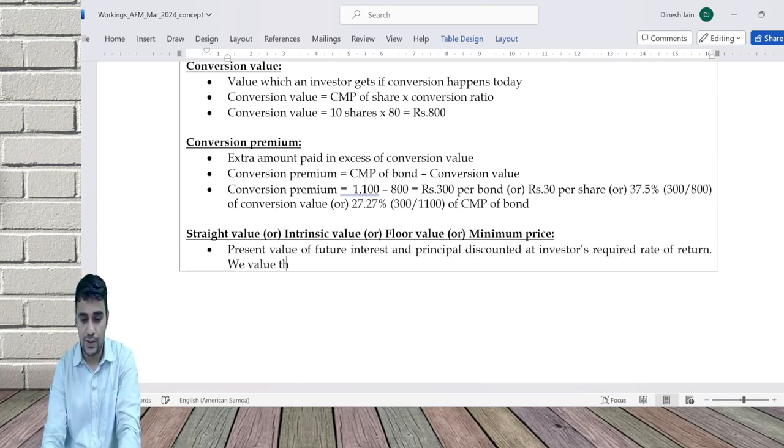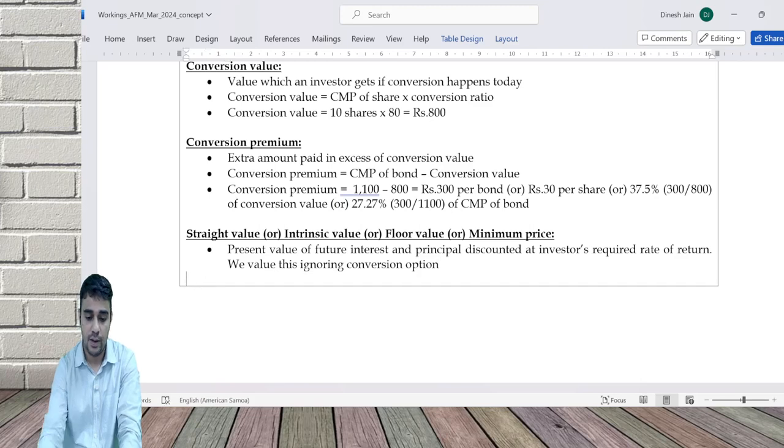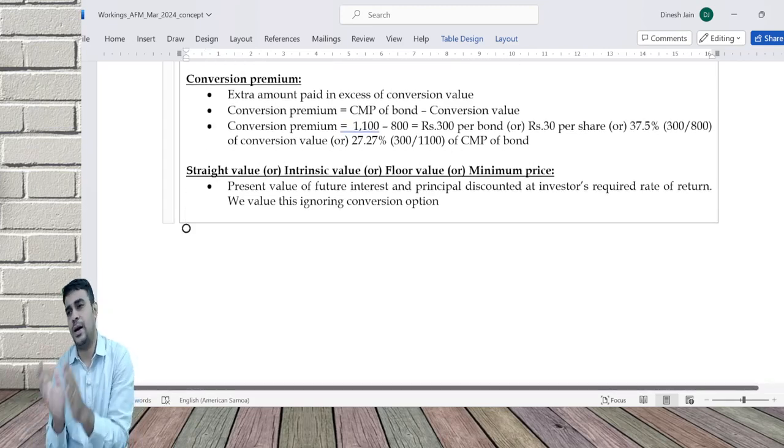We value this ignoring the conversion option. How do you bring conversion into the picture? You will understand as we proceed.